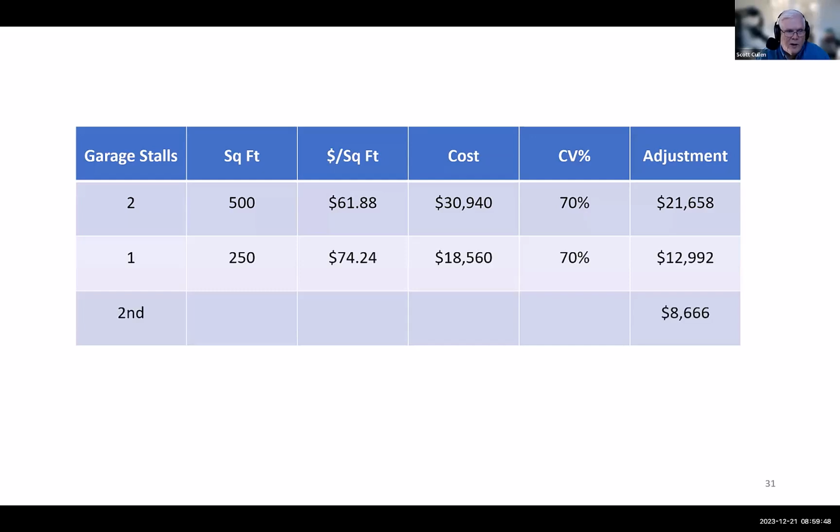A 1-stall garage with 250 square feet at a cost of $74.24 totals $18,560. 70% contributory value reduces this to $12,992. This is for 1 stall compared to no garage. What is the adjustment for the difference between 2 stalls and 1 stall? It is the difference between the contributory value of 2 stalls and 1 stall, $8,700.